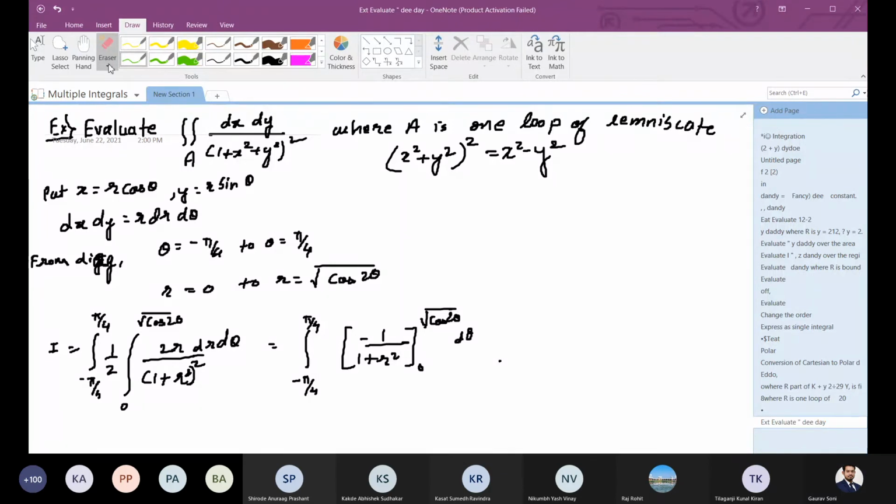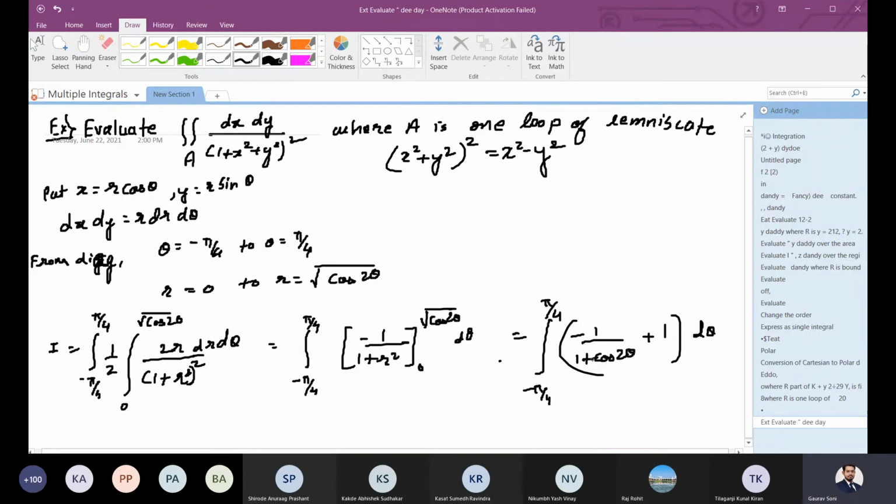Now the integration of this is going to be from minus pi by 4 to plus pi by 4. When we put the upper limit, we'll have minus 1 upon 1 plus cos of 2 theta, plus 1. 1 plus cos 2 theta is equal to 2 cos square theta. 1 upon cos square is equal to sec square theta.